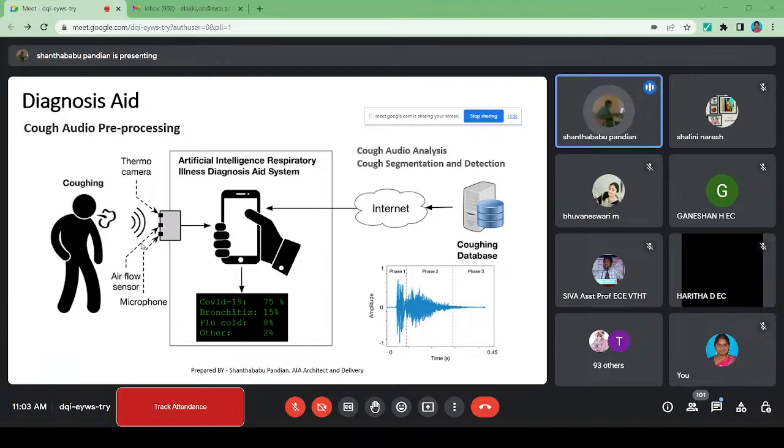This specific system is an artificial intelligence respiratory illness diagnosis aid system. It will give a complete idea of the percentage of COVID, and flu, cold and other details will be clearly diagnosed.